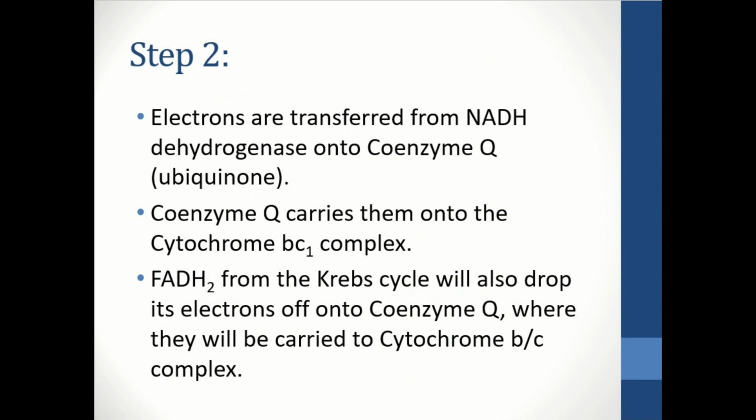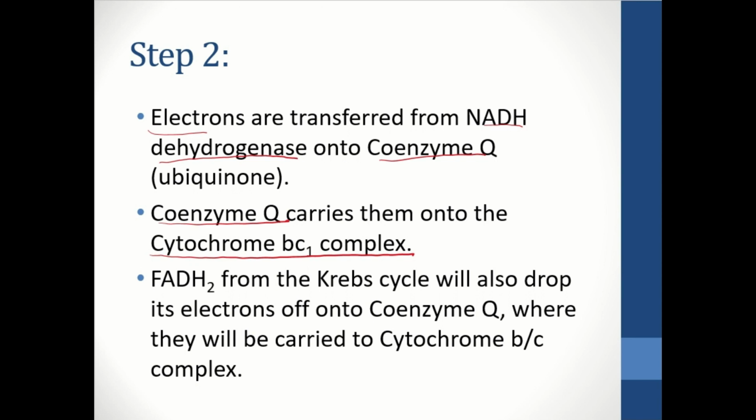Step 2 is moving through an electron carrier, as well as another reaction happening. Those electrons move from NADH dehydrogenase through what's called coenzyme Q, or ubiquinone. That coenzyme Q shuttles the electrons from NADH dehydrogenase to the cytochrome BC1 complex, so it can move back and forth.